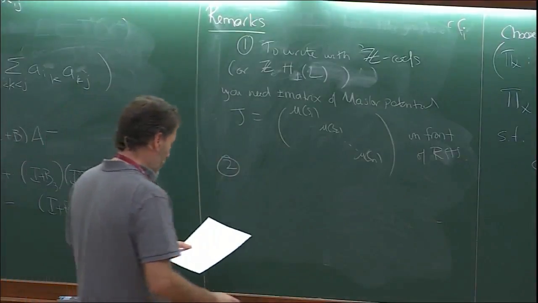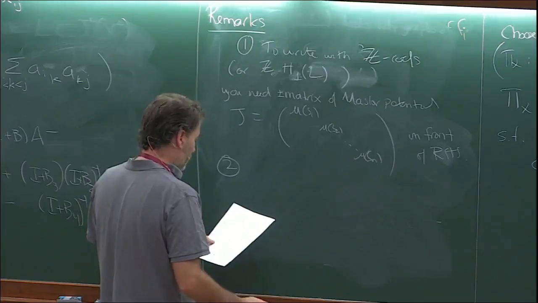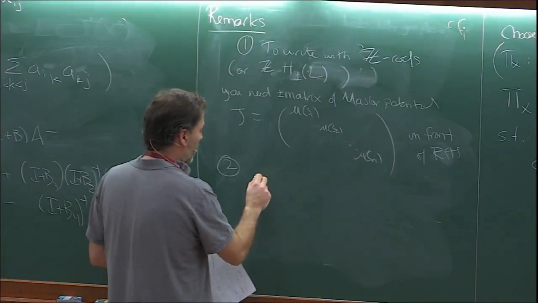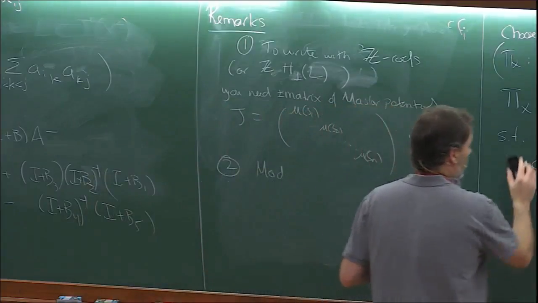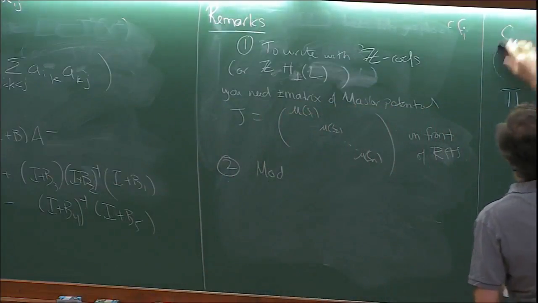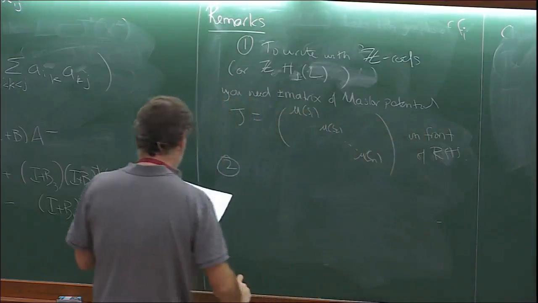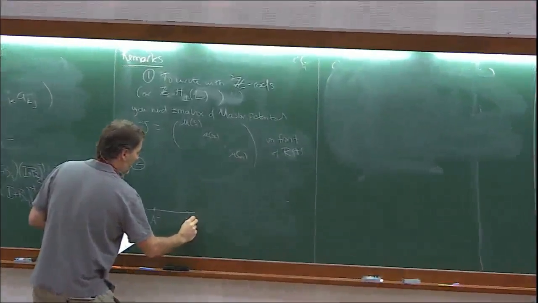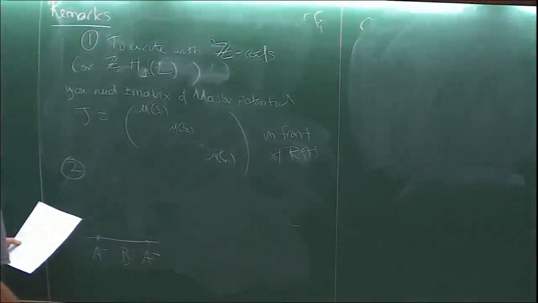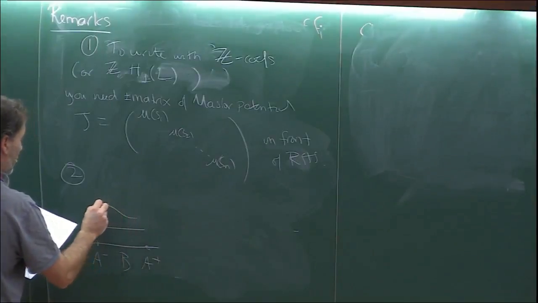So let's say, for example, I have, okay, well, I'll just draw a picture. Supposing I have something like this. Here's A minus, here's A plus, and here's B, and I have two sheets that come into a cusp.